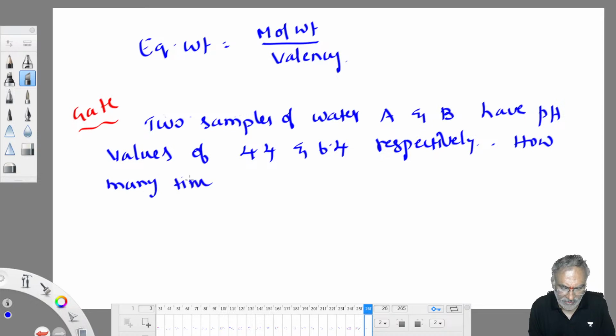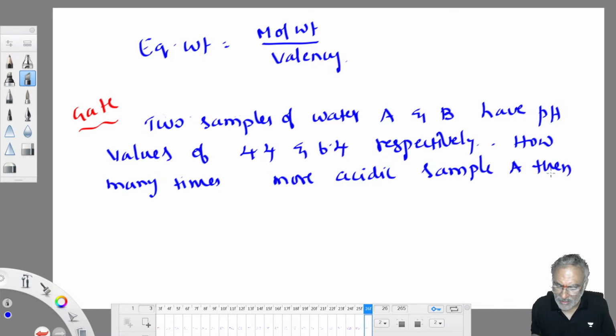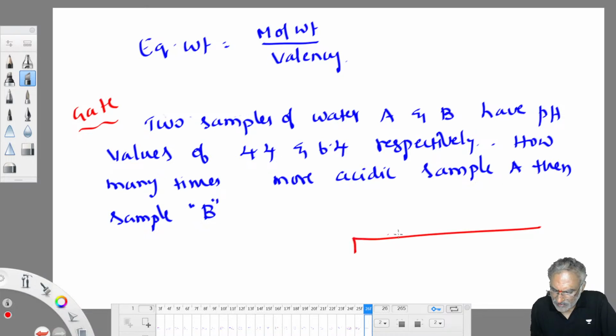How many times more acidic is sample A than sample B? Whichever is close to 0 is more acidic. Just now we discussed, pH value changes from 0 to 14.